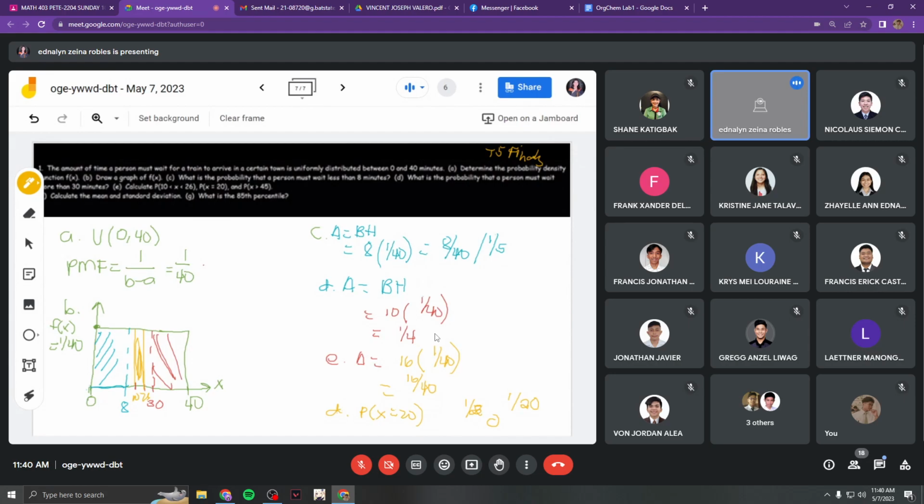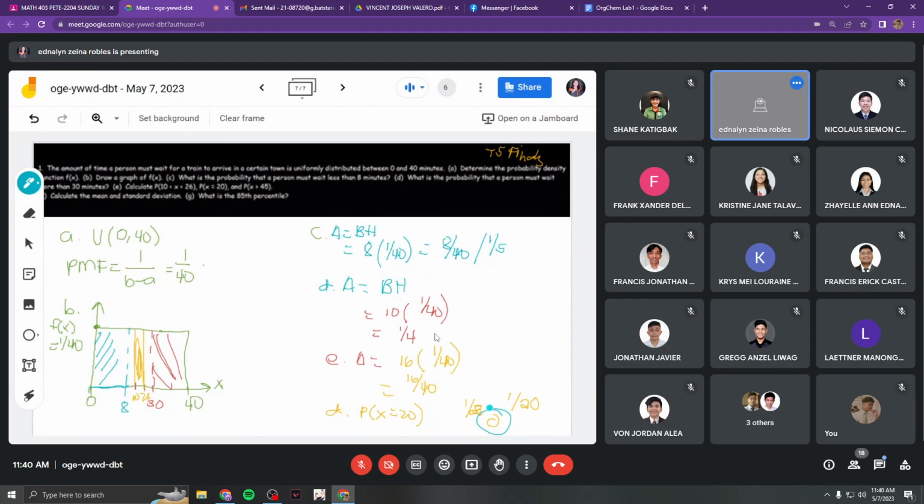Okay, if wala lang gusto mag-try, let us find the probability if the person will wait exactly 20 minutes. What is the probability? And the answer is that the probability if the person waits exactly 20 minutes is equal to 0. So why 0? As what we've mentioned on the normal distribution, we can find area if we do have a range.